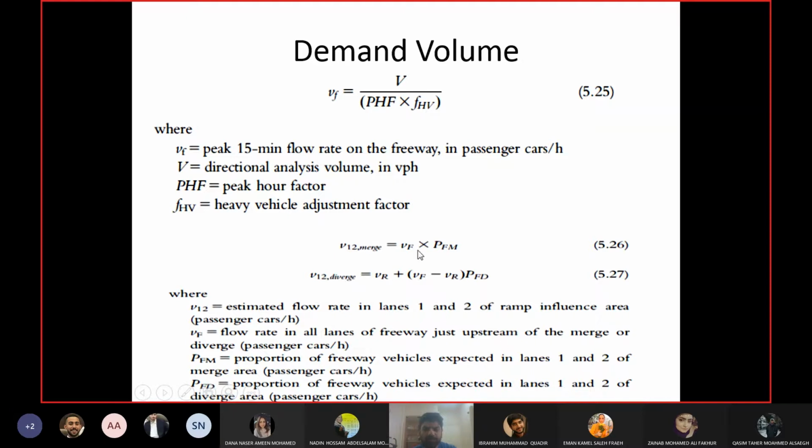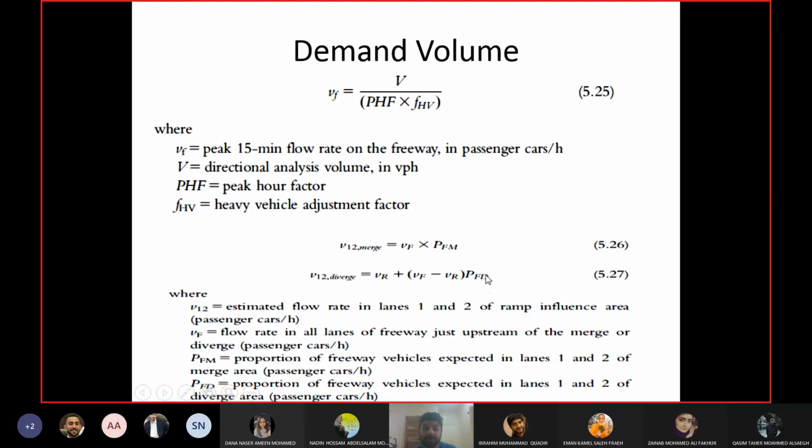So how much proportion of the freeway flow is expected in the two adjacent lanes, and for the diverge area we have the flow rate of the ramp, okay, plus the freeway minus the flow rate of the ramp into the proportion of the flow in the diverge area.